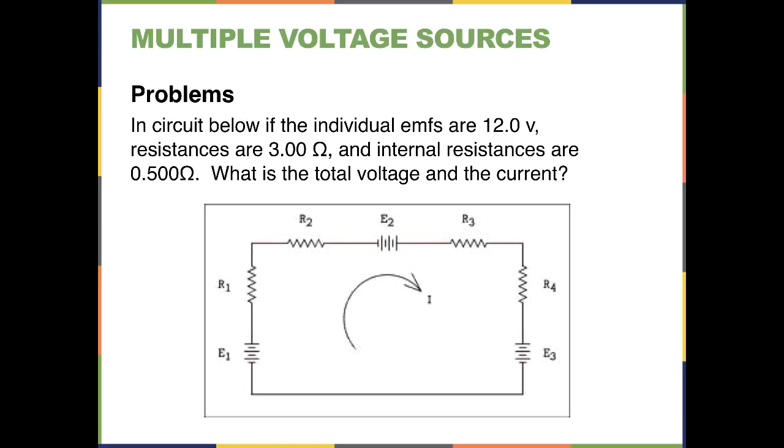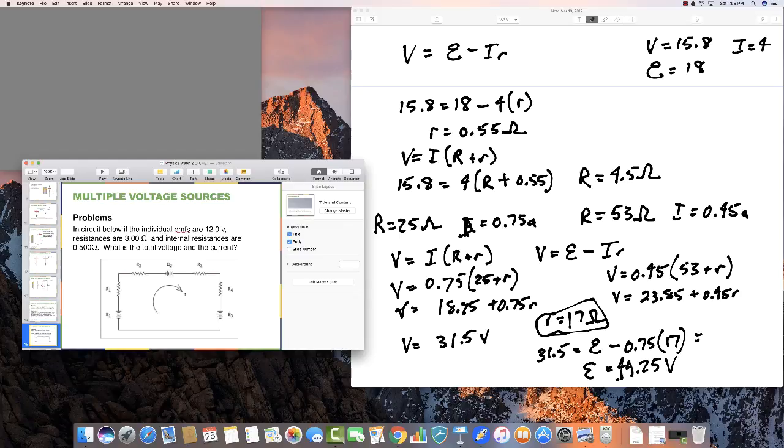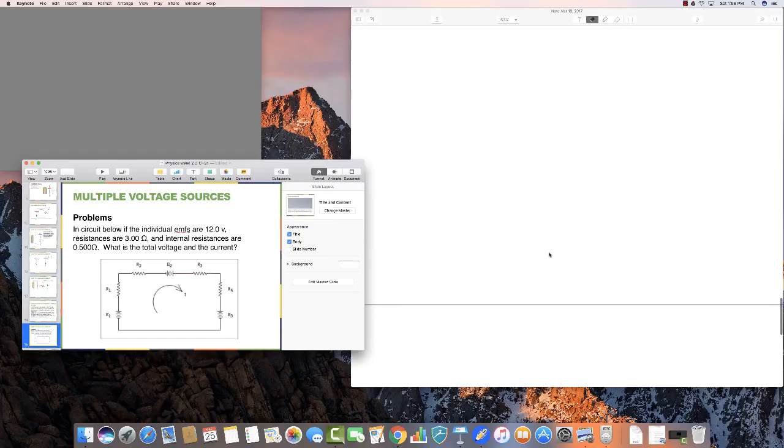The load, all four of these loads, the external resistance is 3 each, and the EMF is 12. So the question on this one is, what is the total voltage? Now that's not the total EMF, that's the total terminal voltage.